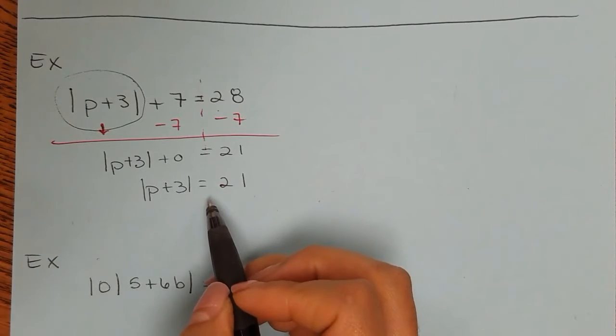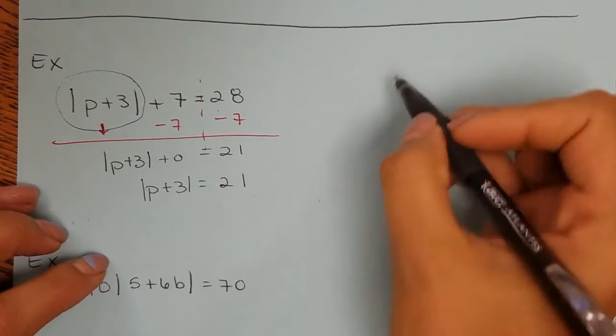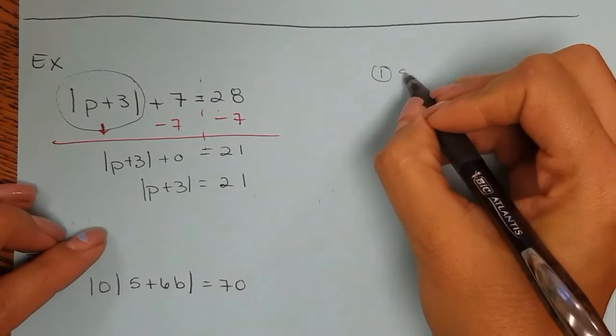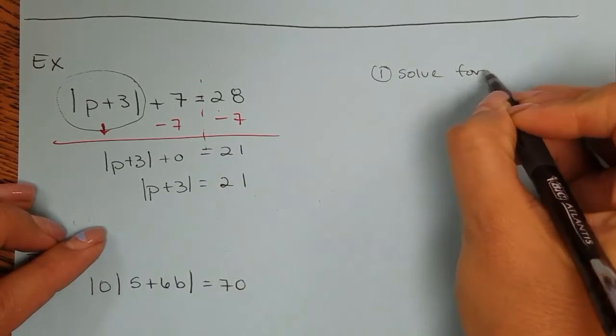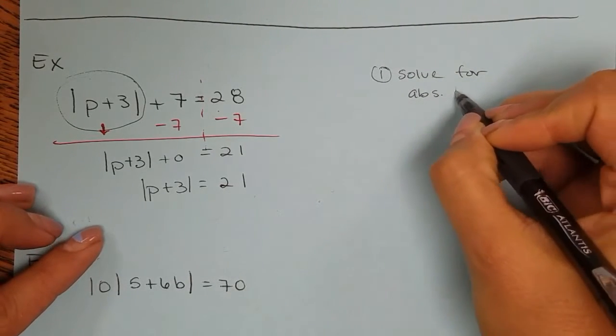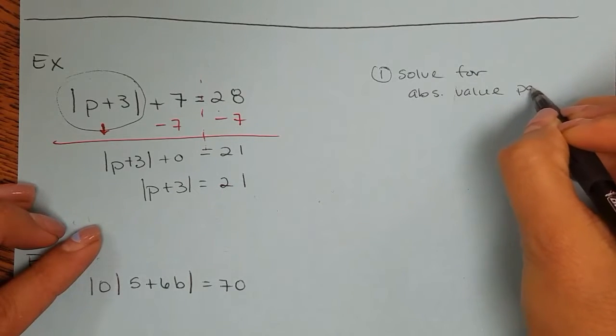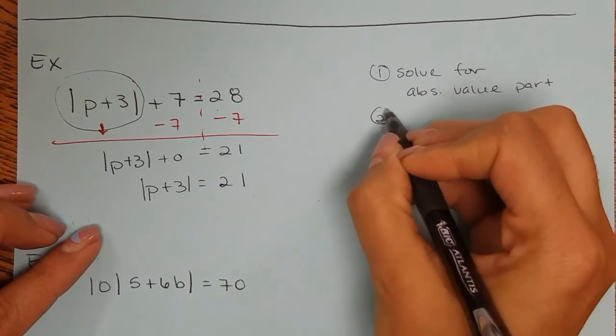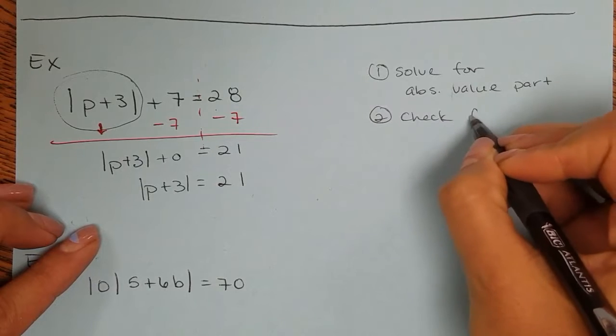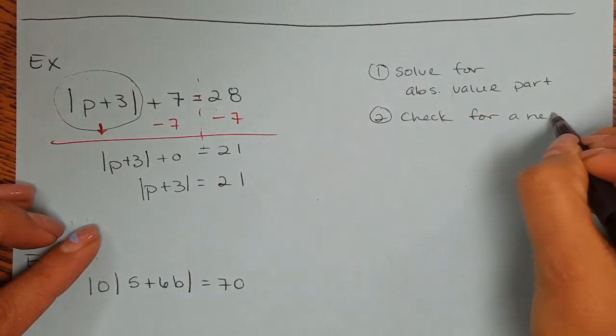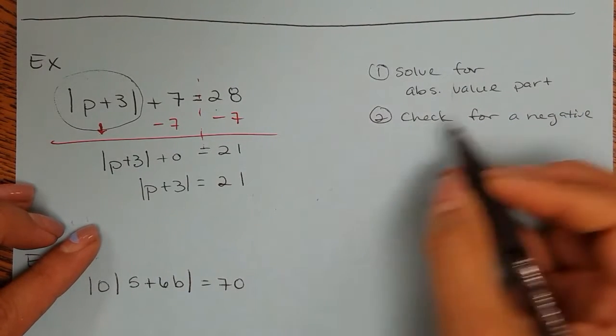Now that this is by itself, you need to check, is it positive? So step 1, you need to solve for the absolute value part of the equation. Step 2, you need to check for the negative on the right side.